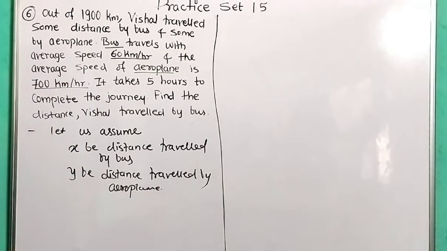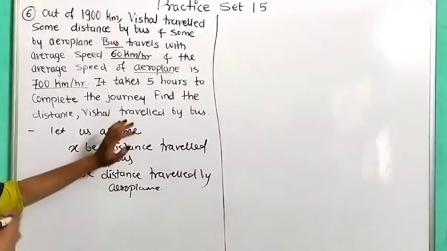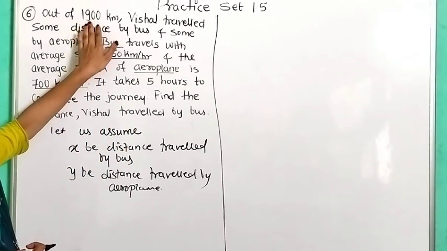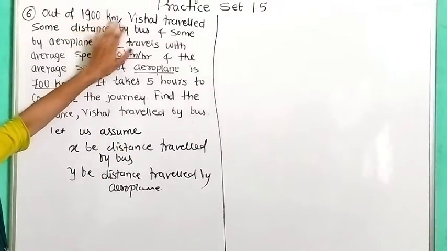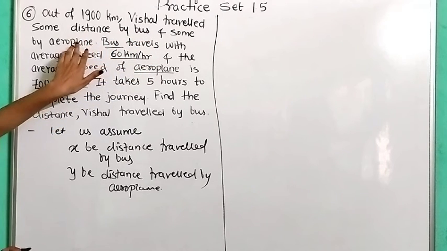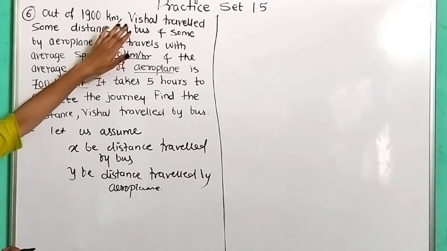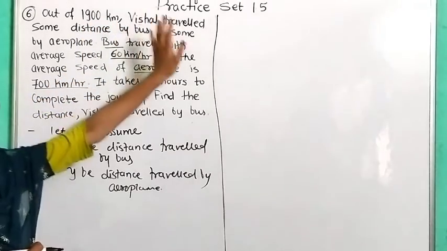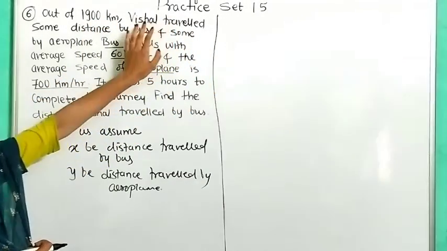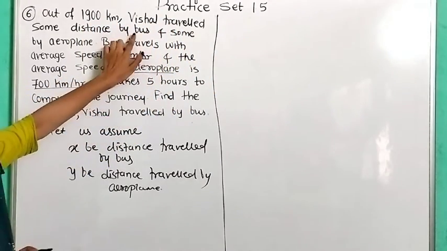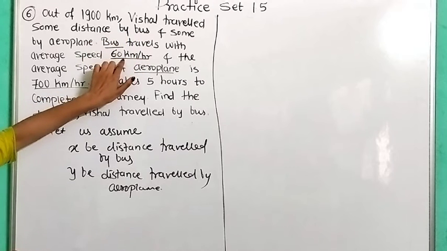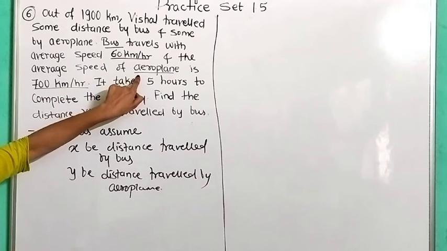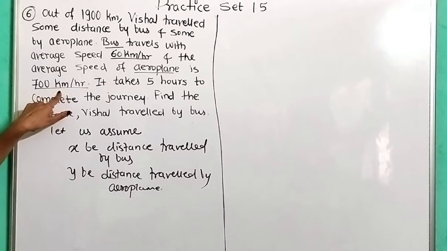Now the first condition they have given: 1900 kilometer distance is traveled by Vishal to complete his journey, and bus average speed is 60 km per hour and average speed of aeroplane is 700 km per hour.